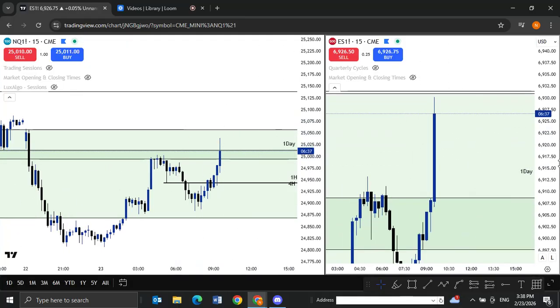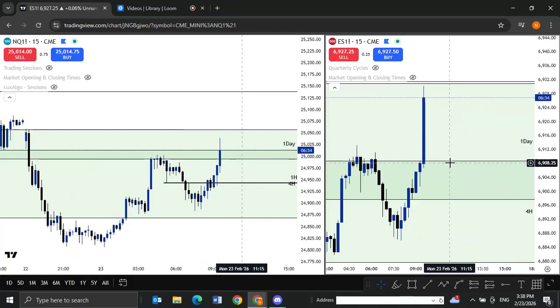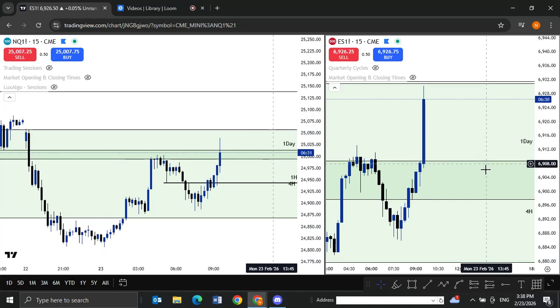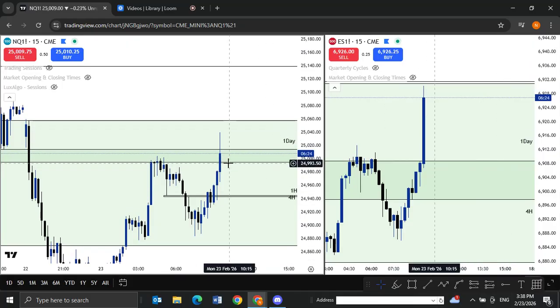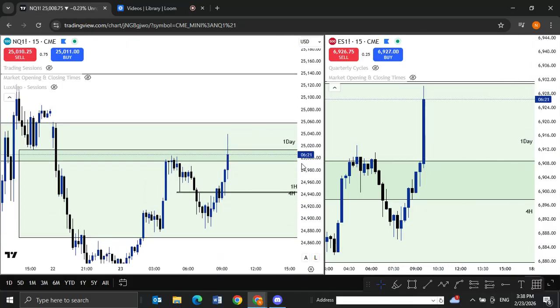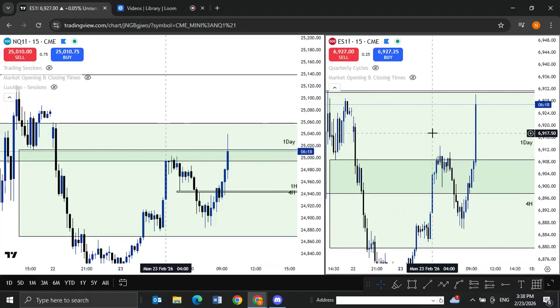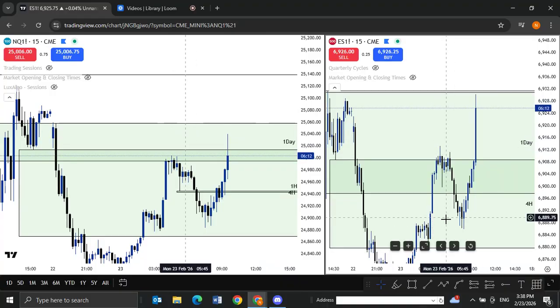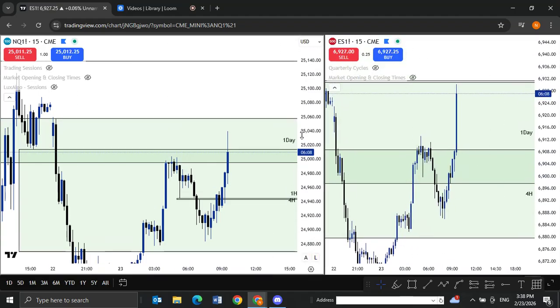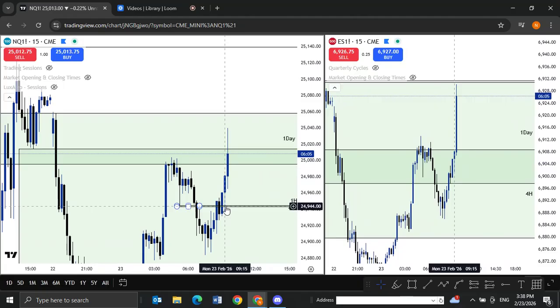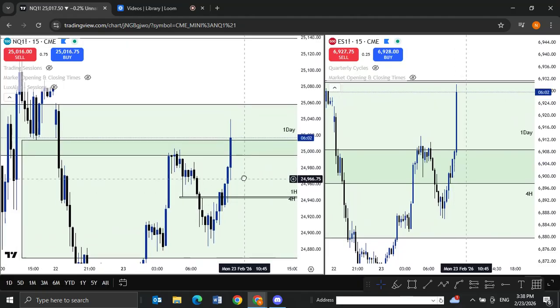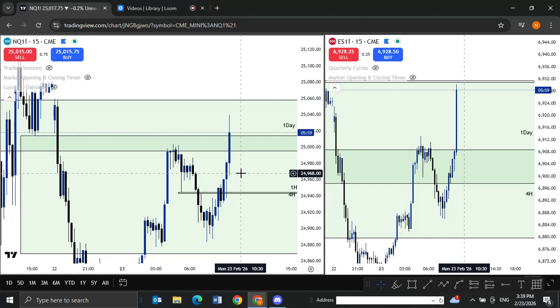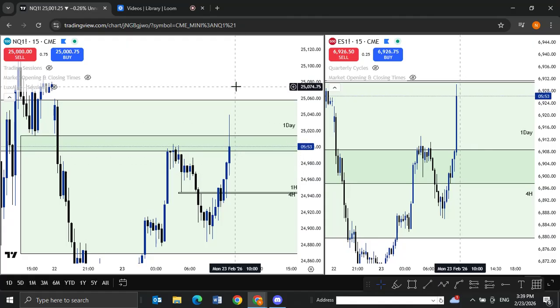It's very close to being here, so ideally I want to see retracement to the downside now and then potential continuation and targeting this previous day high, but I feel like this is not gonna happen.